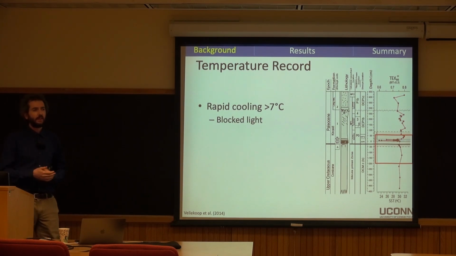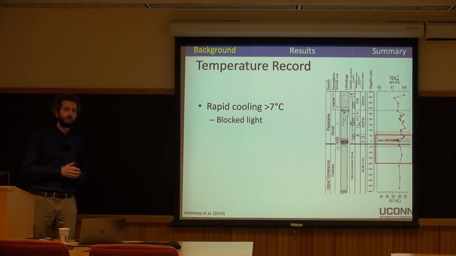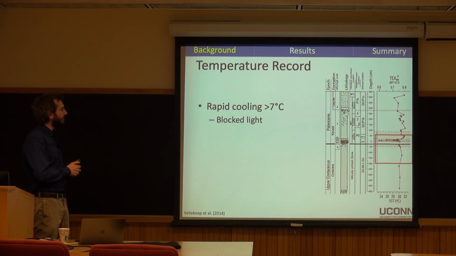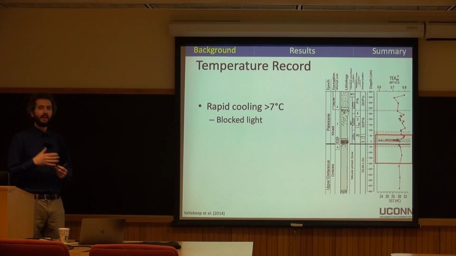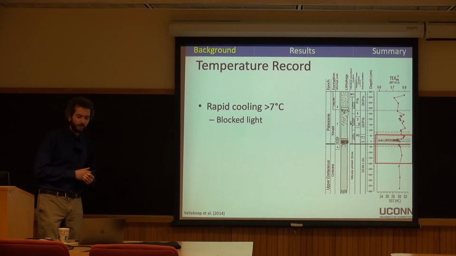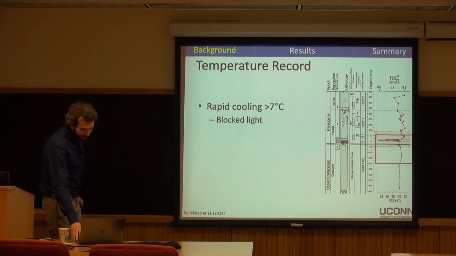The authors of this study based their explanation on several other theoretical studies that have been done before, which is that this rapid cooling was an impact winter driven by these aerosol emissions from the impactor and the impact site.